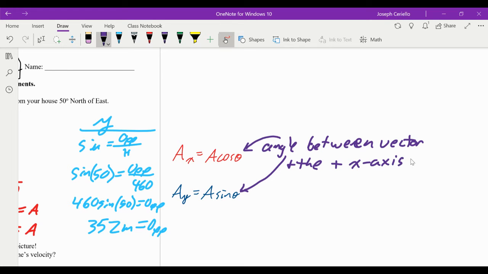Sometimes we refer to that as the reference angle. It's the angle between the positive x-axis and the vector we're talking about. A, in both cases here, what A represents is the magnitude of the original vector or resultant vector.